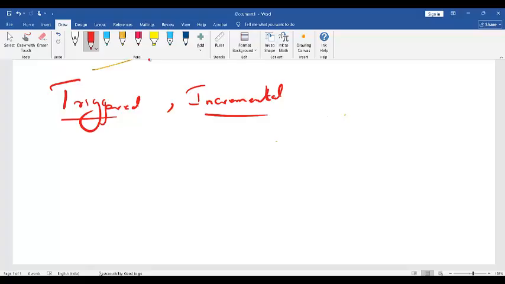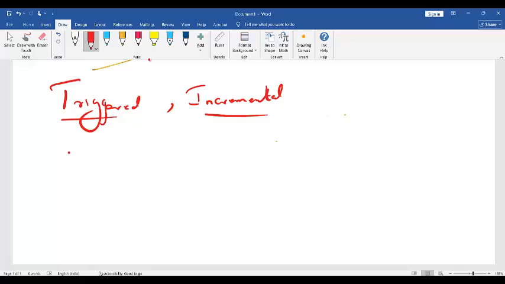Only when a change occurs, it will immediately send the update. That is triggered. Immediate. Which is a very big advantage.